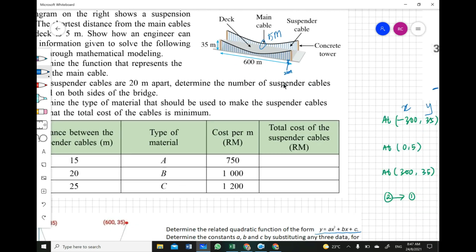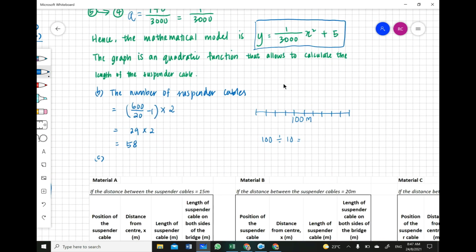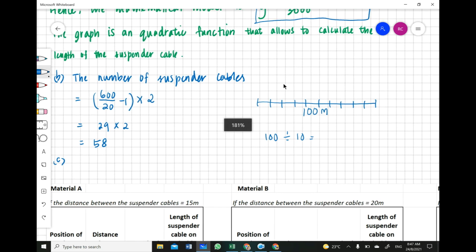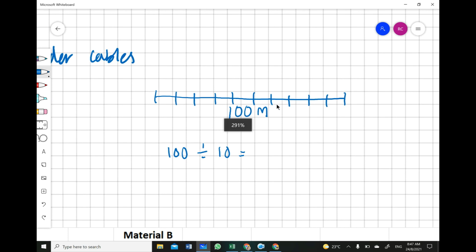Okay, so I make an example for you, before we go through how to find the number of suspender cables. For example, if I have a 100 meter length of a string, I want to divide it by 10 meters. Okay, so when I divide by 10, meaning that I divide into 10 parts, right? You can see this is 1, 2, I don't know whether you can see or not.